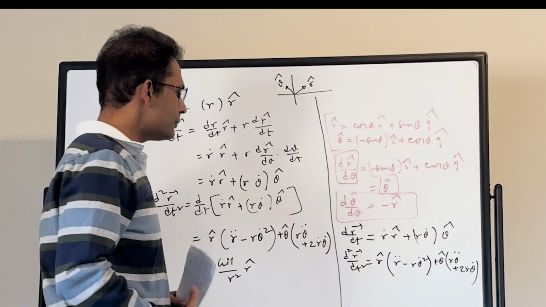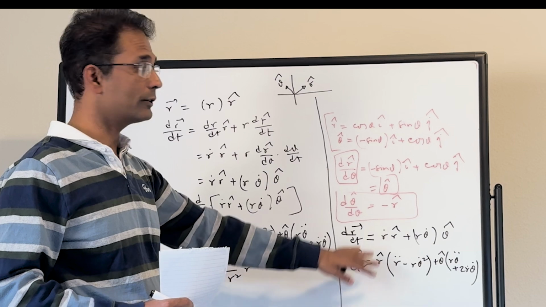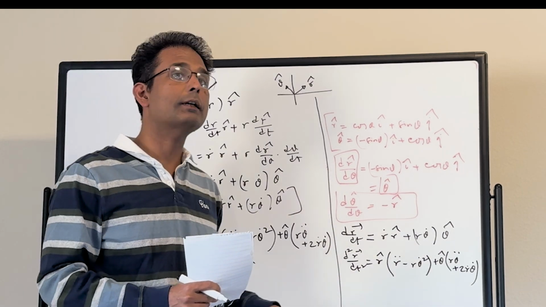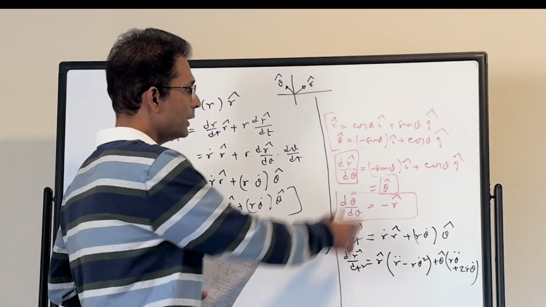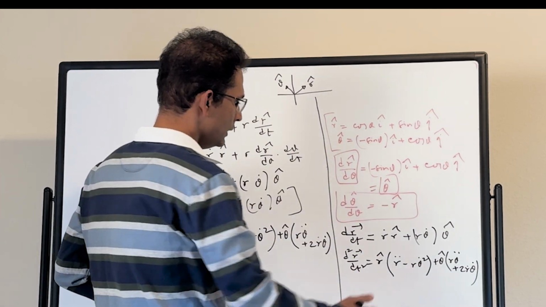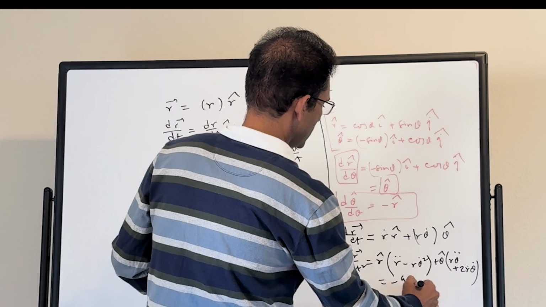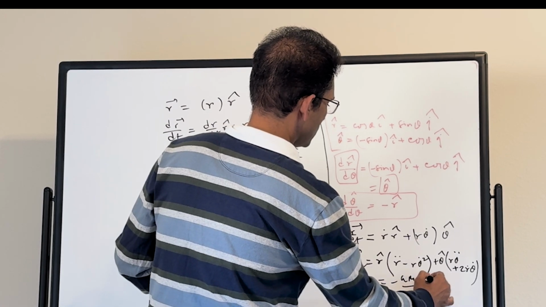Also, you can try to prove these results, just if you want to practice what we just discussed. This is a good place to start and try to prove all of them. So this is equal to minus GM over r squared r hat.